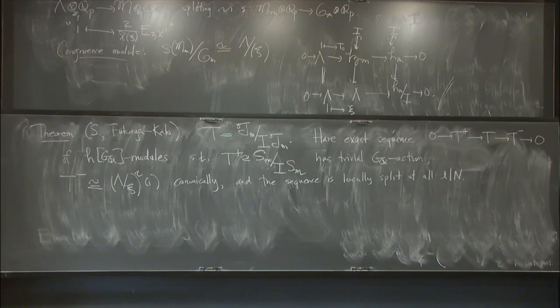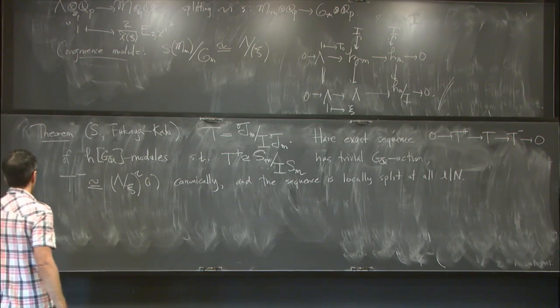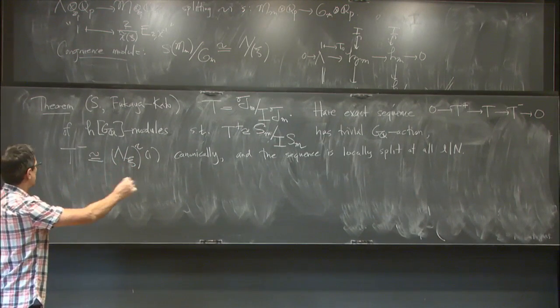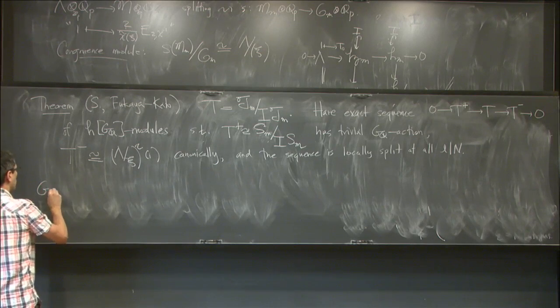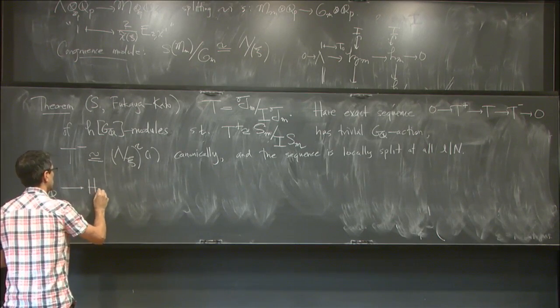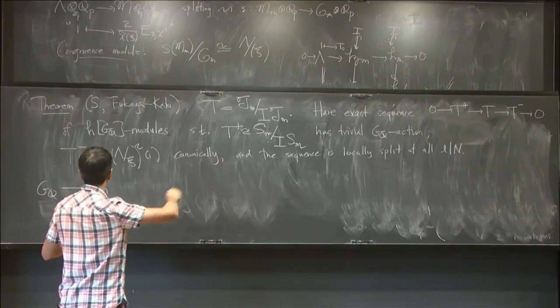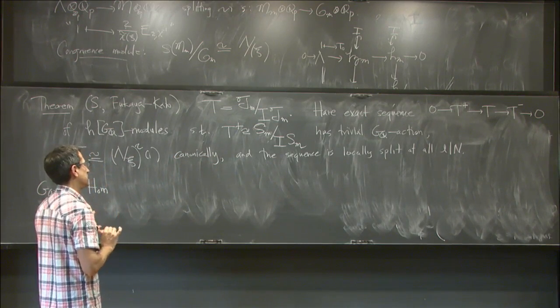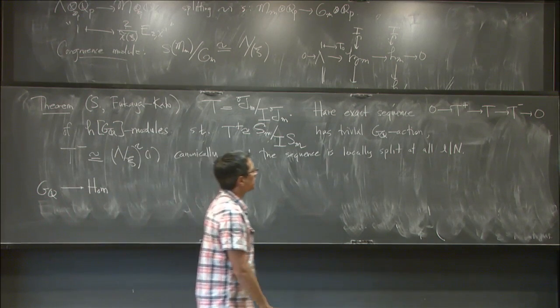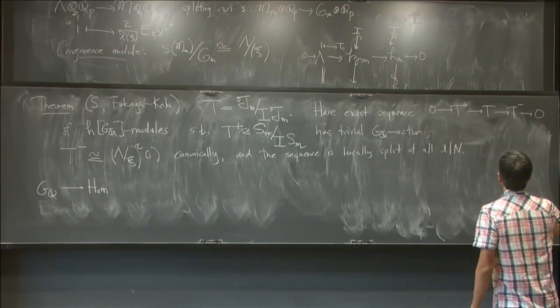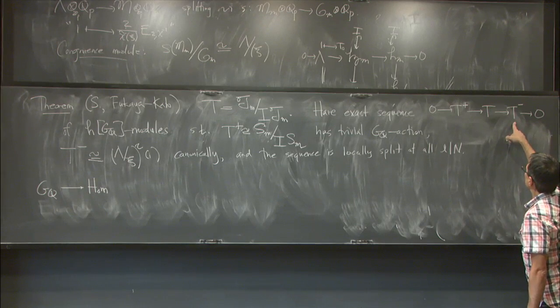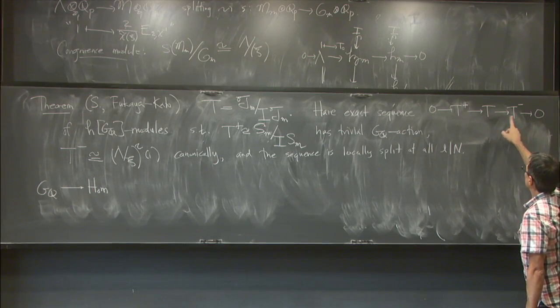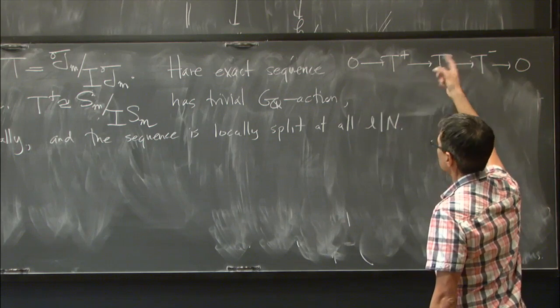OK, so how does this give us what we want? When we have an exact sequence like this, we get a cocycle, right? A 1 cocycle coming from the action on T, sort of sigma minus, yeah. You take an element here, you apply sigma inverse to it. You lift it. You apply sigma to that.